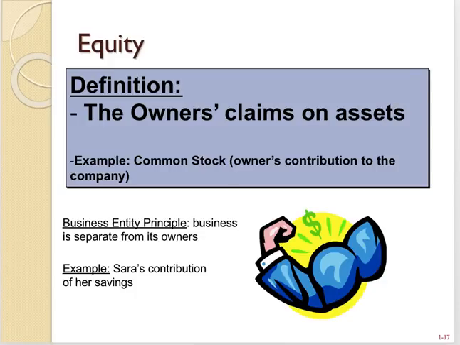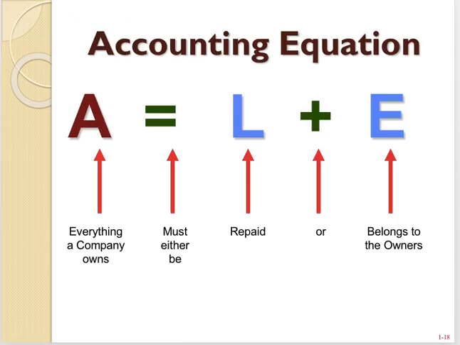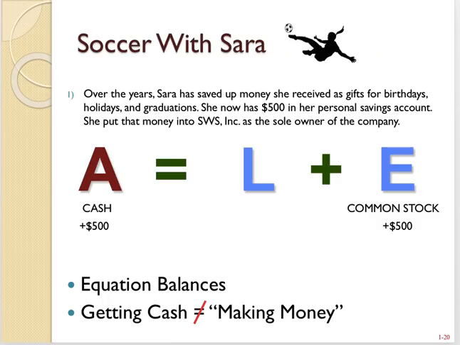So let's take a look at how that transaction analysis worked with Sarah. So here we go. It says, over the years, Sarah has saved up money she received as gifts for birthdays, holidays, and graduations. She now has $500 in her personal savings account. She put that money into SWS Inc. as the sole owner of the company. So what you see in our transaction analysis here, remember we have to look and categorize what happened.